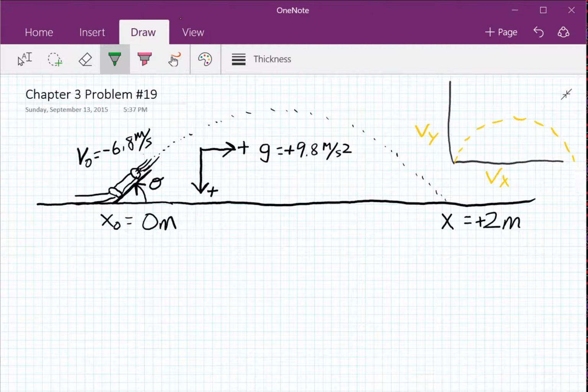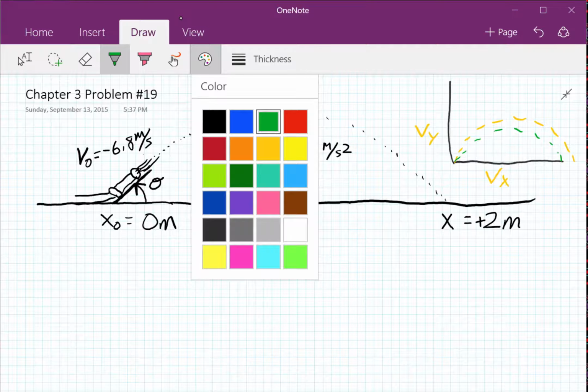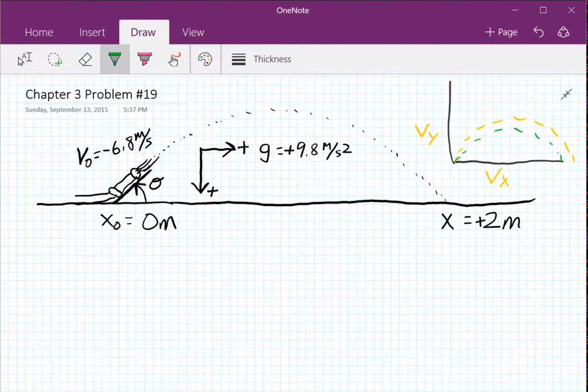But if you have an angle, let's say it's 30 degrees. At 30 degrees, the velocity in the x direction is larger than the velocity in the y direction.